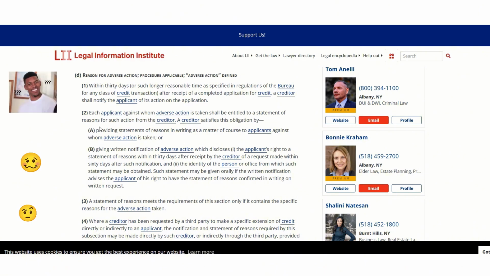All right, so let me read it from the top. Each applicant against whom adverse action is taken shall be entitled to a statement of reasons for such action from the creditor.